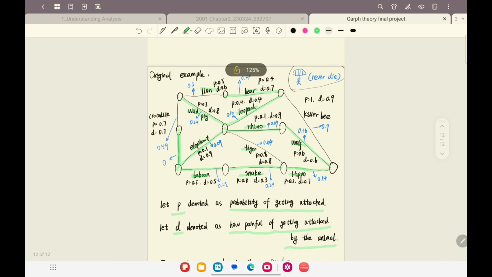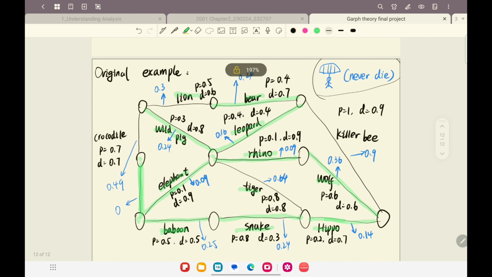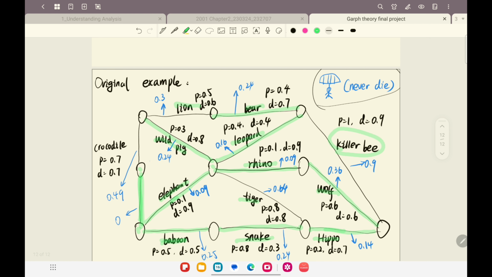The reasoning is kind of a mess, but the reason I came up with this example is that I'm interested in animals, and I know some things about their damage to humans and the probability that you might get attacked by each kind of animal. For example, the killer bee is very, very dangerous.